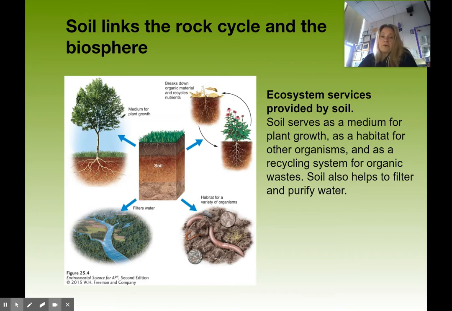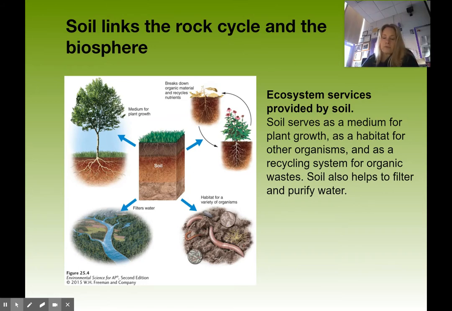Ecosystem services are really important to know. Anytime we talk about anything in this class, it's important to know what the ecosystem service is. So what does this thing that we're talking about provide? For soil, it provides plant growth, filters water, organisms live in it, and it also breaks down nutrients and filters as well.